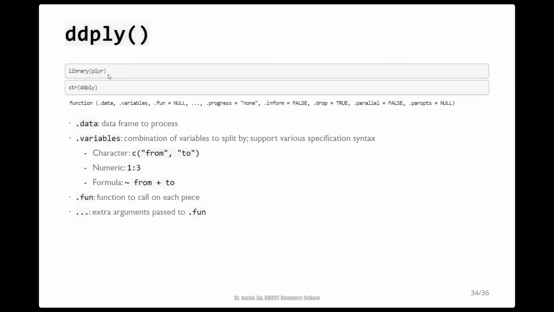After loading the plyr library, we can first take a look at different parameters of ddply. Among them, this variables parameter is used to specify the combination of variables to split by, and it supports various specification syntax.